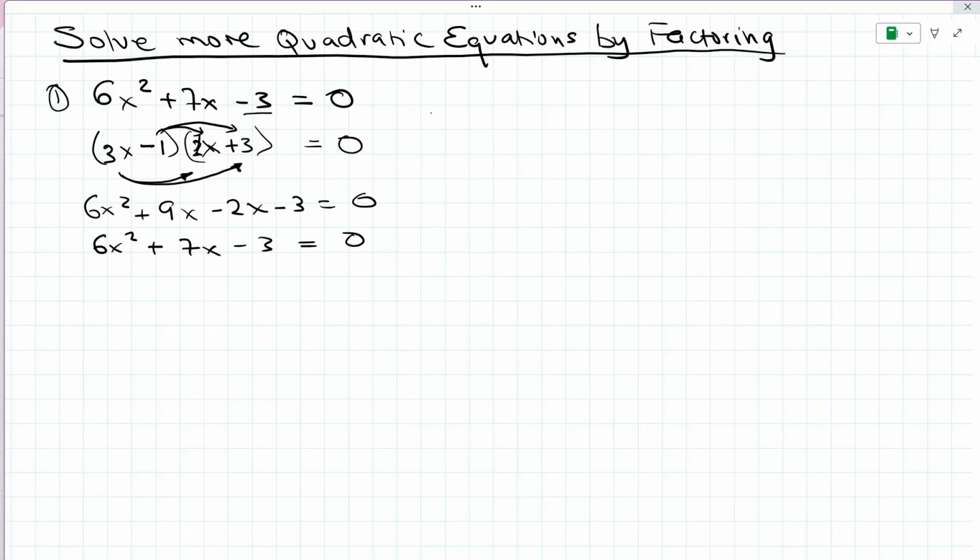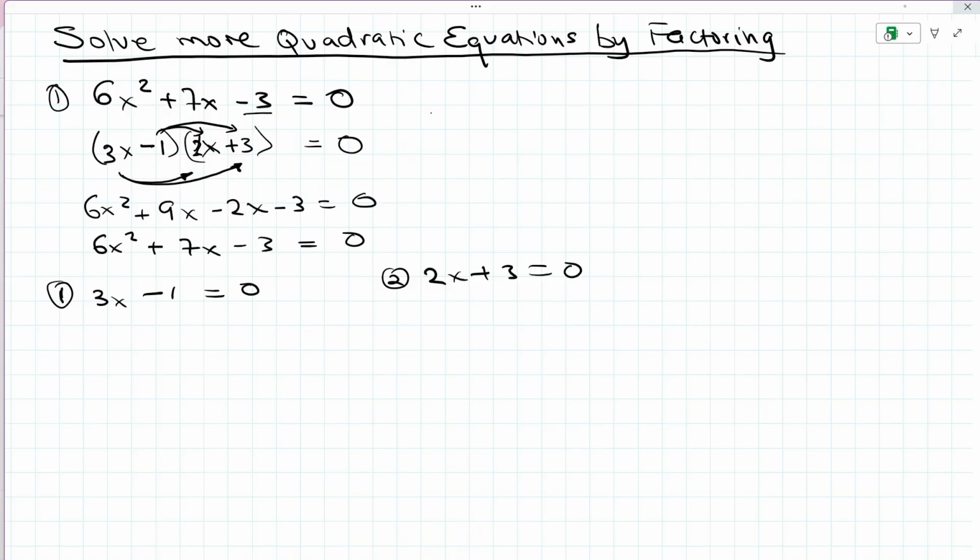So then, having gotten back our original equation, we can look at our two parentheses and say 3x minus 1 should equal 0, and then the second expression, 2x plus 3 should equal 0.